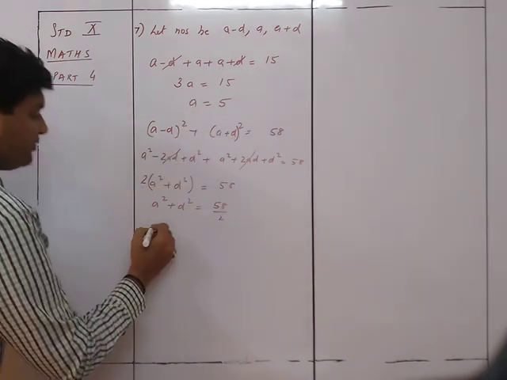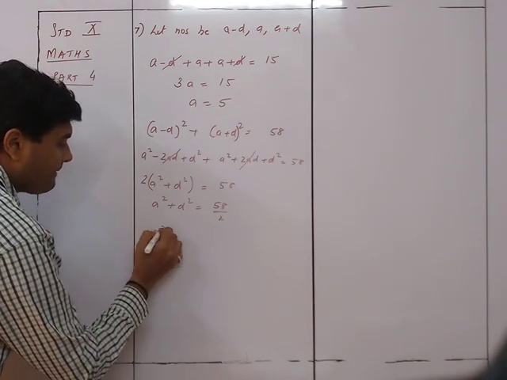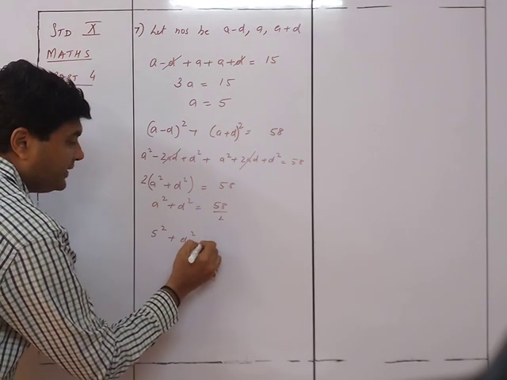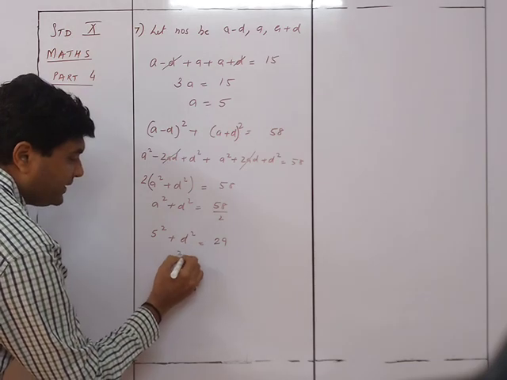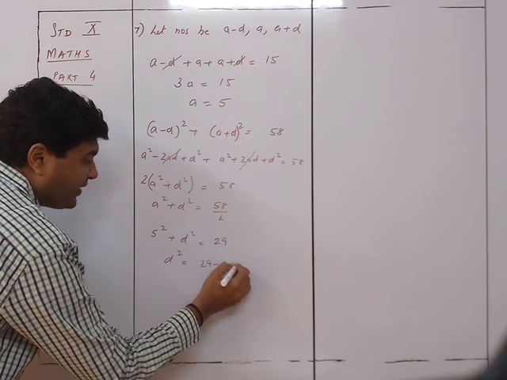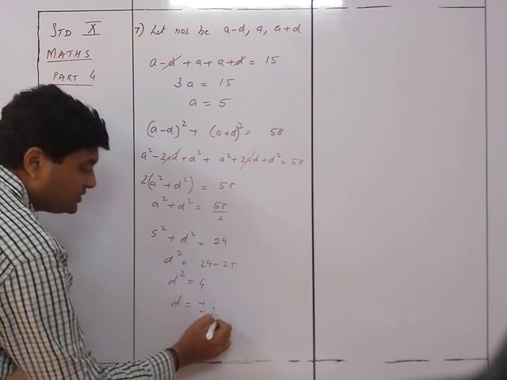A is already known as 5, so 5 square, which is 25, plus D square is equal to 29. So D square is equal to 29 minus 25. D square is equal to 4. So D is equal to plus or minus 2.